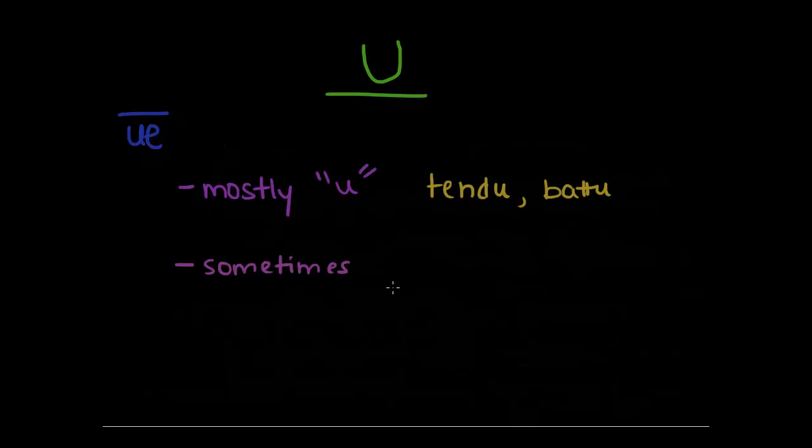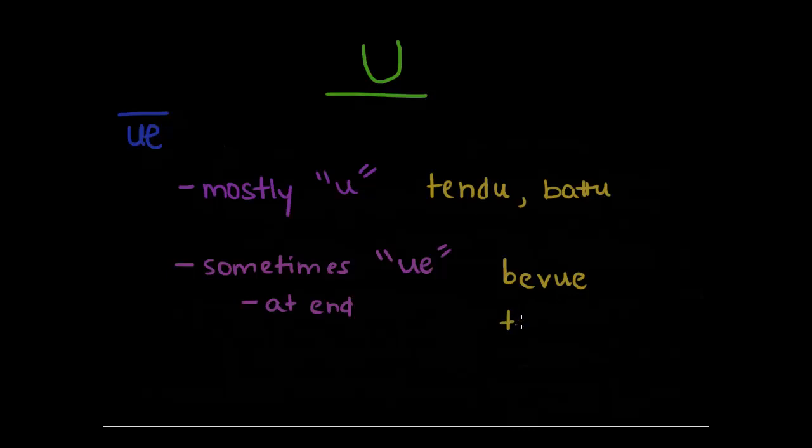Sometimes UE. If it ever is really at the end, it's usually in words with VUE at the end. Example is bévue. And here it's UE because the vue in French means sight or view. So that's like a stem or a root in there. So it has to be UE. So there's a couple of words where it ends in UE.